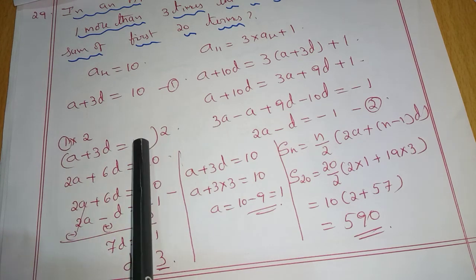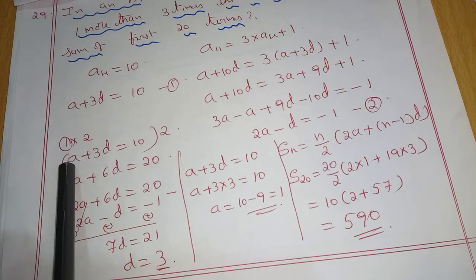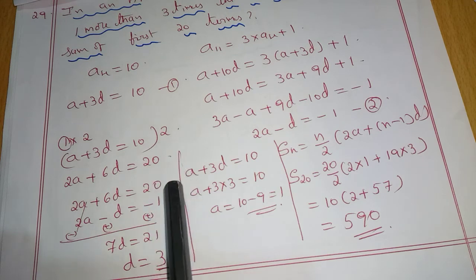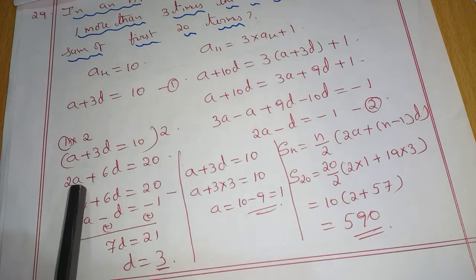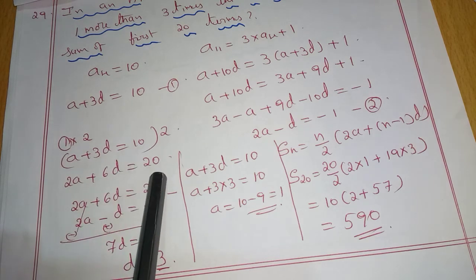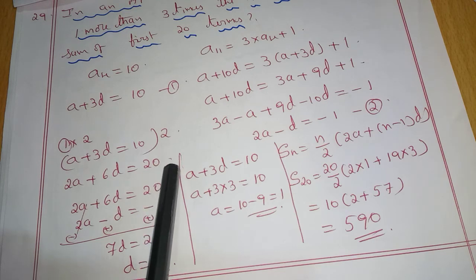Use bracket, otherwise we will multiply only to 10, but not so. We should multiply by 2 to A also, 3D also, 10 also. What is the new equation we got? 2A plus 6D is equal to 20.